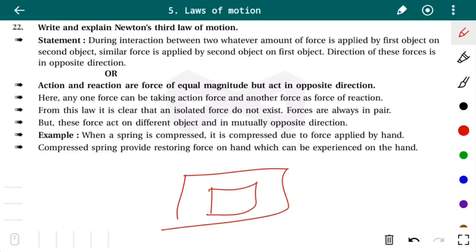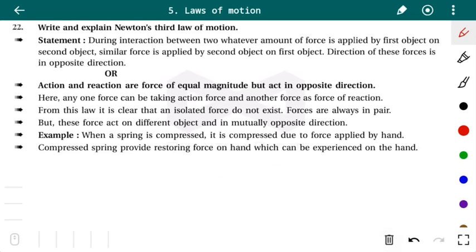There is a pair of forces which balances it, because by default the gravitational force acts on the book in the downward direction. At the same time the normal force is applied on the book in the upward direction. So there is a pair of forces, right, due to which the book is stationary, and they are in opposite direction. But these forces act on different objects and in mutually opposite directions.